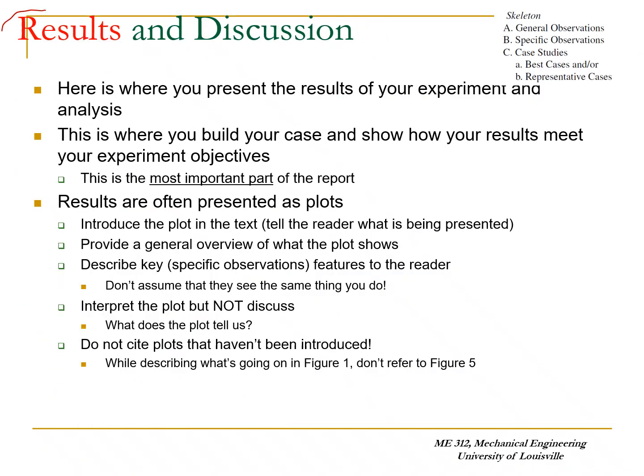Starting with results. Result is where you present the result of your experiment analysis. When you have result, the first thing is to define any variables. For instance, if you are doing propagation of error calculation, maybe uncertainty associated with maybe density, then you need to write the formula for it.